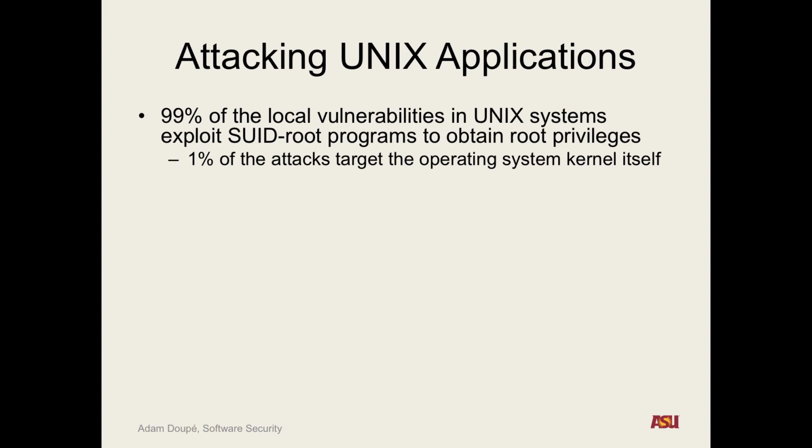Don't quote me on these numbers, they're approximate. The other tiny fraction of vulnerabilities actually exploit the kernel itself. Okay, so we want to exploit setuid applications. What can we do if we're local on the machine to exploit setuid applications? What can we control?